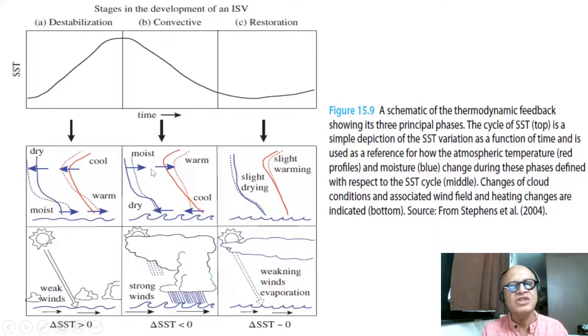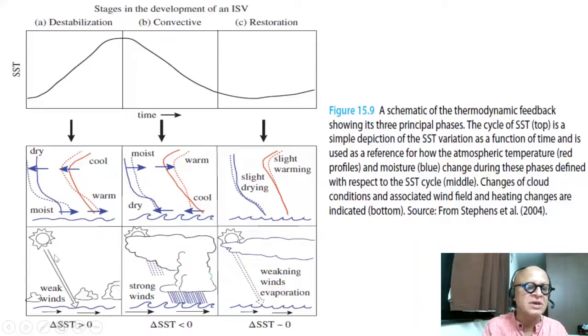And then during the convective phase you are going to spend the moisture and then stabilize the air column, because you're going to mix up and remove the instability that is built up during the destabilization phase, and then you are back to restoration with slight drying and slight warming.